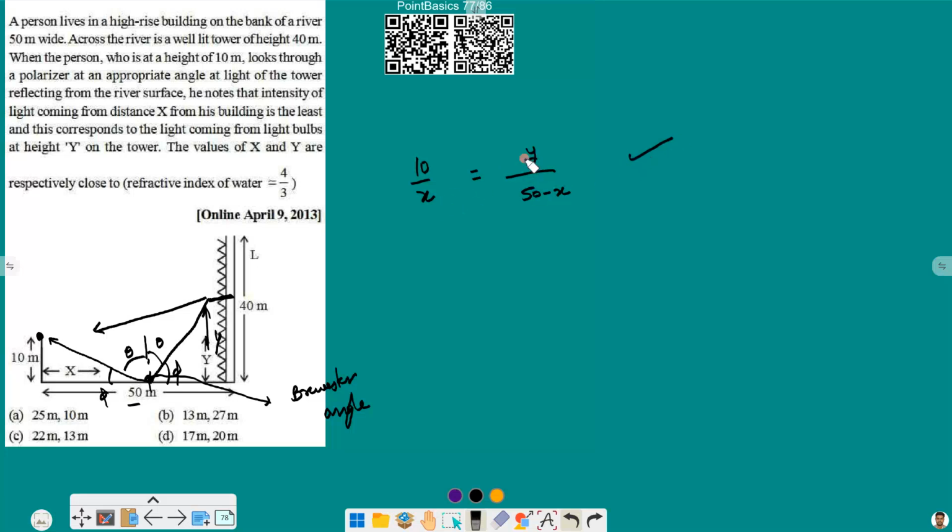So that is one relation. Now we have to find another relation in x also, and that can be calculated using the Brewster angle. According to Brewster angle, mu is equal to tangent of the incidence angle, that is tangent of theta, and here mu is 4 by 3. So 4 by 3 will be tangent of theta.